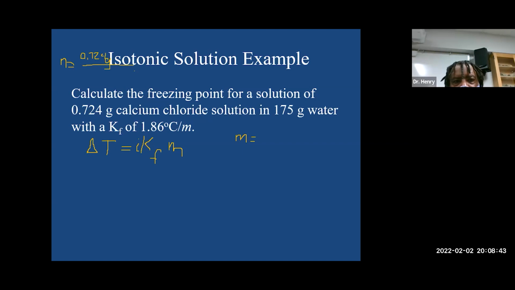Okay, what did you guys get for the molecular weight for calcium chloride? Got 110, I got 111.